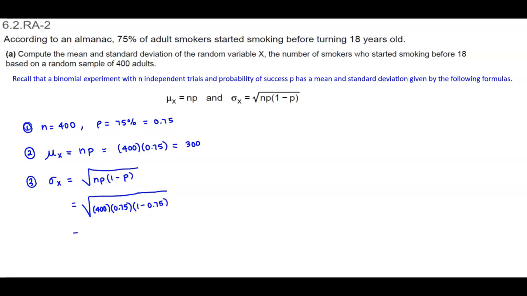Therefore, that gives us the square root of 75. The square root of 75 rounded to one decimal place is 8.7. So there is the standard deviation.